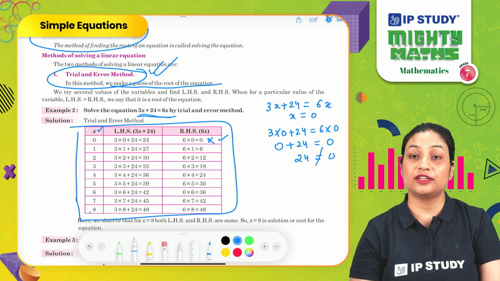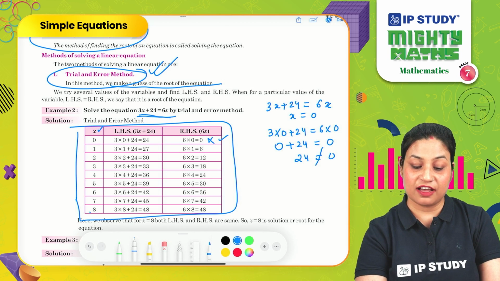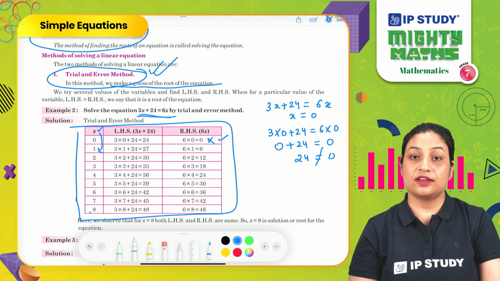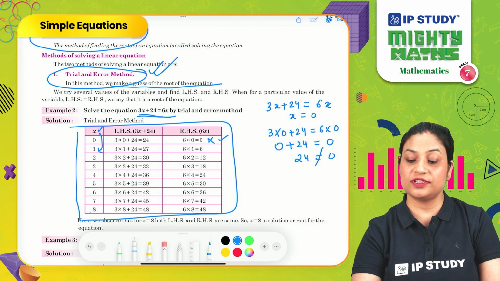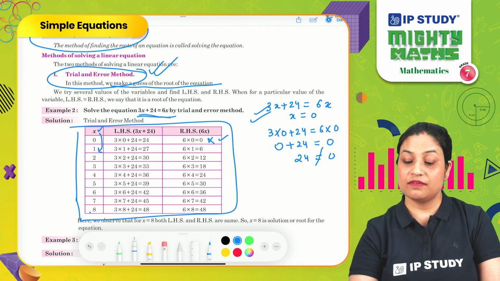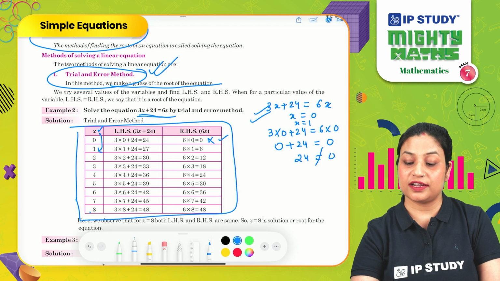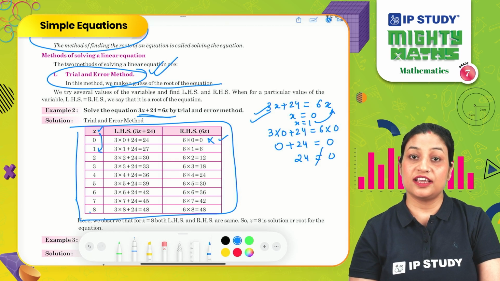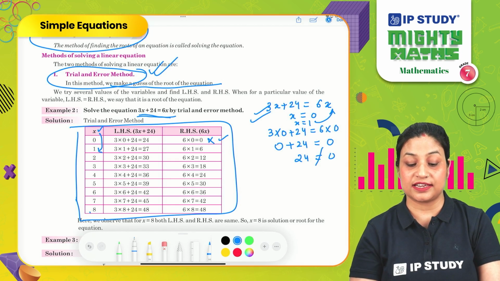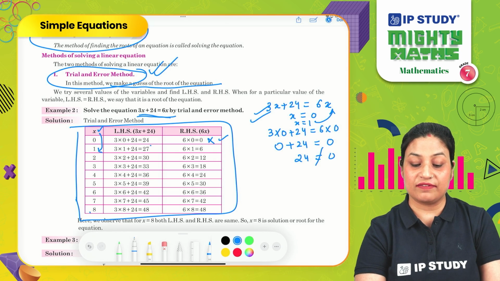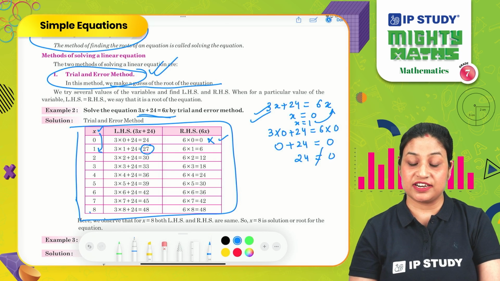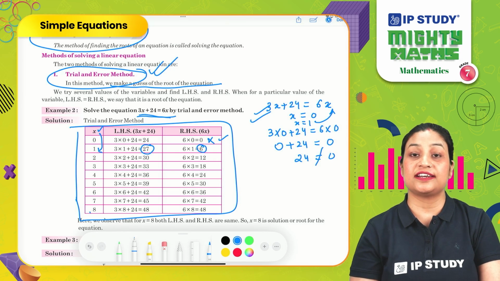Now let's take another value. We have x is equals to 1. Like we put x is equals to 0 in this expression, we will put x is equals to 1 in this expression and check if left hand side is equal to right hand side. When I do so, I will get 27 as my left hand side and 6 as my right hand side.